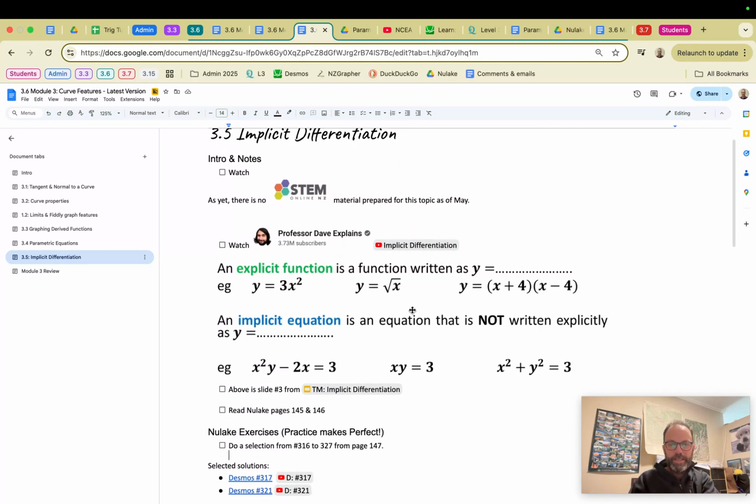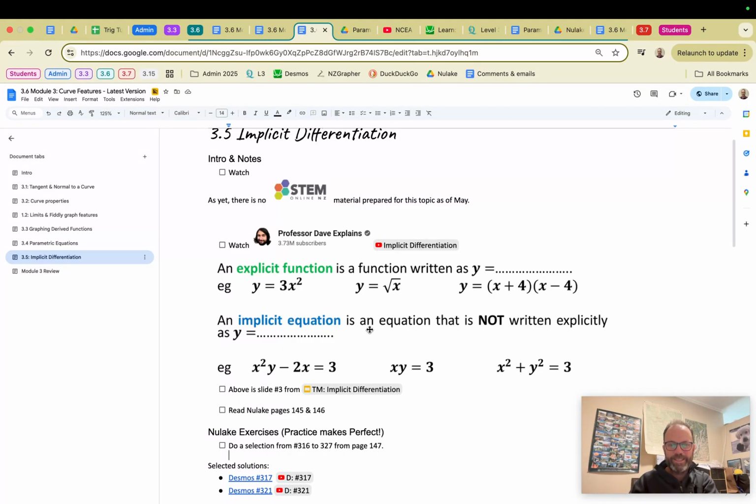This here is a screenshot from slide 3, and I think it's a fantastic definition. Okay, so an explicit function is when y equals ta-da, ta-da, ta-da. You can happily differentiate those. If it was more complicated, quotient rule, exponentials, natural log, not a worry.